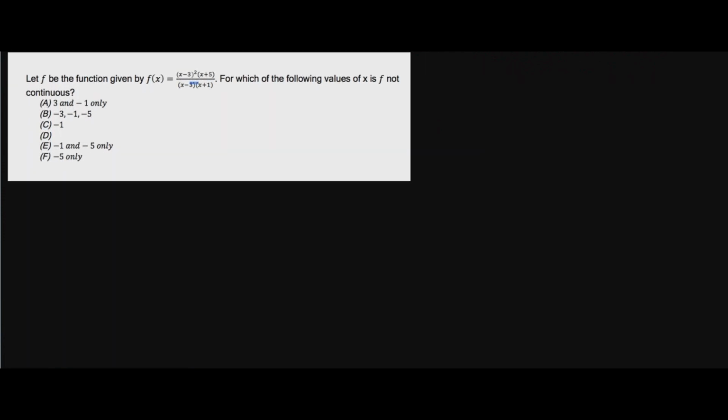So let's go to just 2 multiple choice questions that I wanted to look at here. Let f be the function given by this. For which of the values of x is f not continuous? Well, ask yourself, in an equation, how can we tell when a function is not continuous? We're not going to be continuous when there are holes or vertical asymptotes.